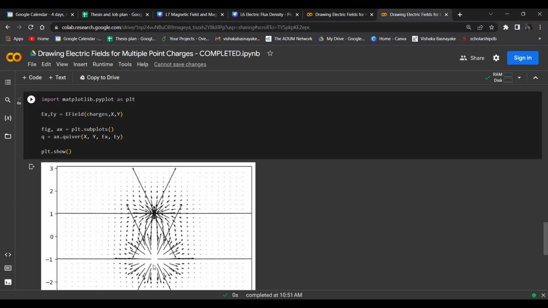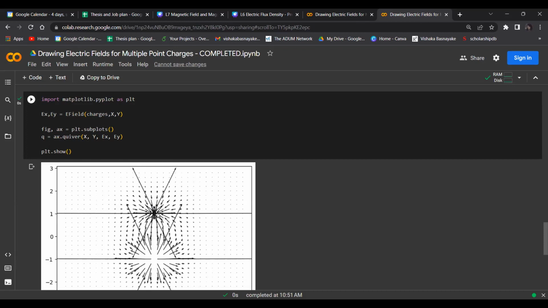Once we do that, we can see the electric field pattern changing like this, and the electric field lines are shown using the arrows. Since we have kept the positive charge at the minus 1 point, the electric field moves outward from that charge.